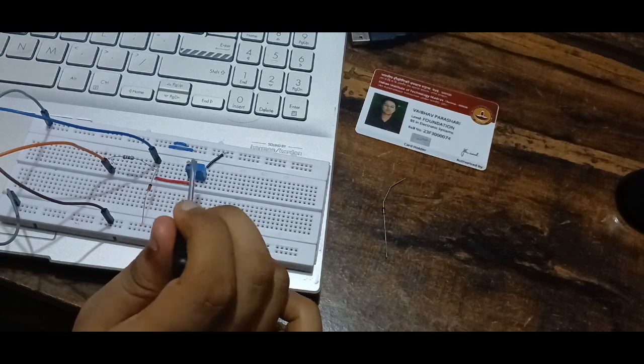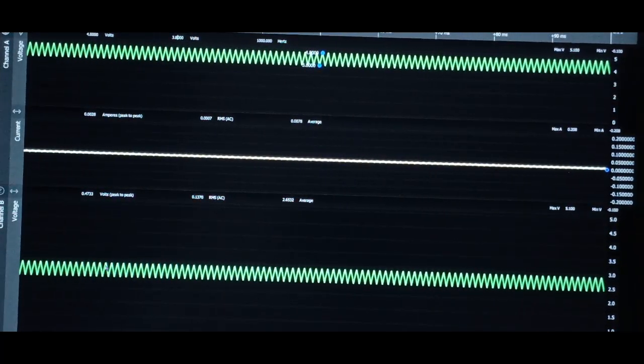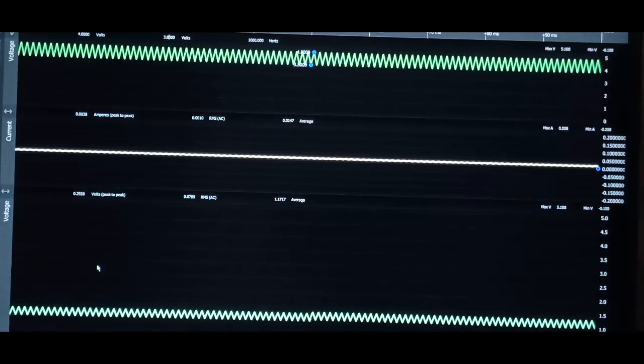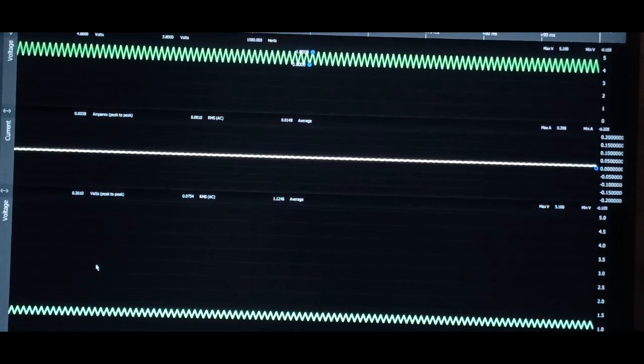I'm going to vary this load resistance and see the output through our pixel pulse. At the end, our output tends to 0.